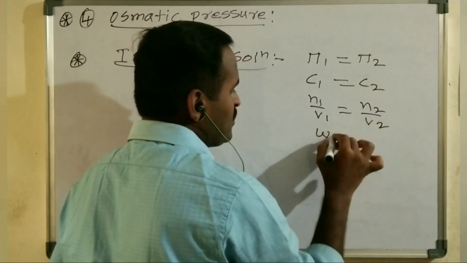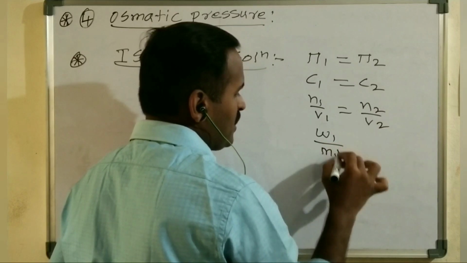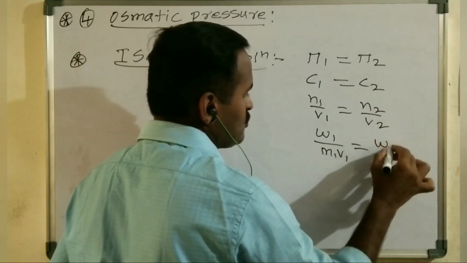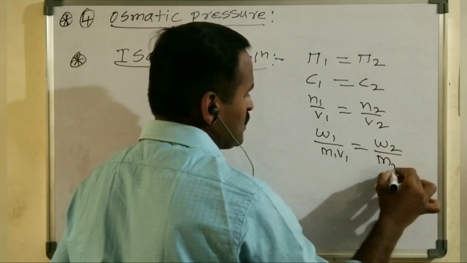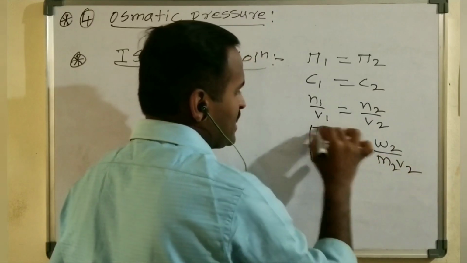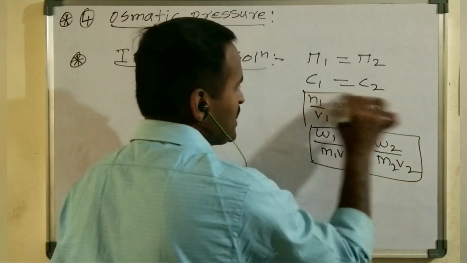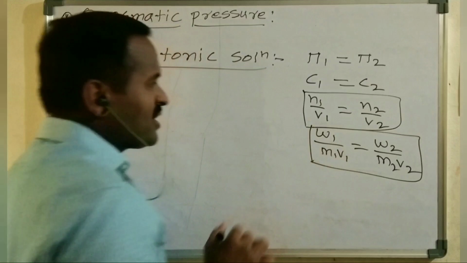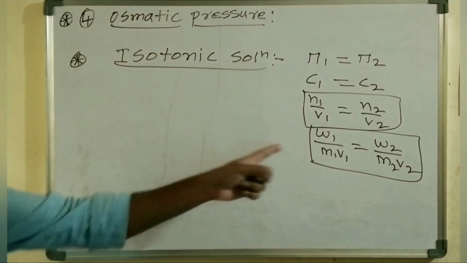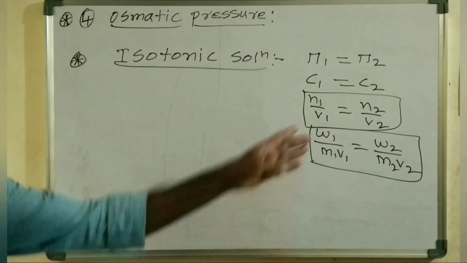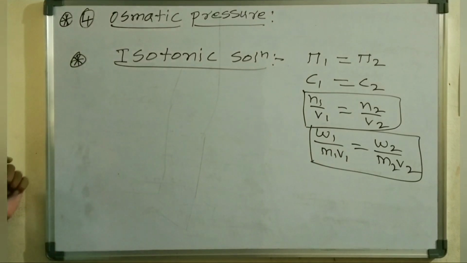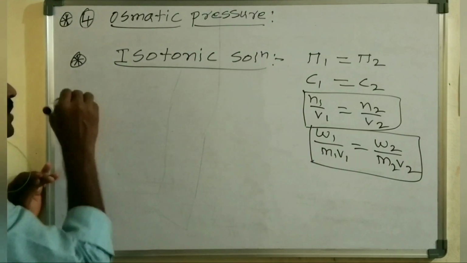That means W1 by M1 V1 equals W2 by M2 V2. So for isotonic solutions, n1 by V1 equals n2 by V2, or W1 by M1 V1 equals W2 by M2 V2. So this is simply isotonic solutions.